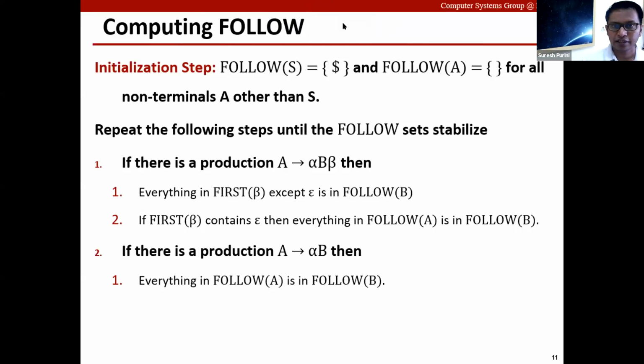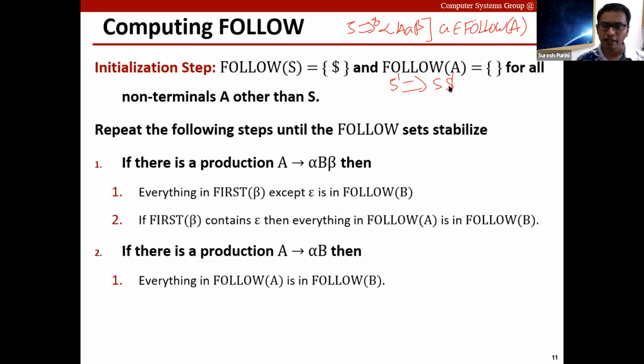So we say that we start with S, and if we have S derives alpha A, then that means the terminal symbol A belongs to follow of S. In particular, remember that we are considering augmented grammars.